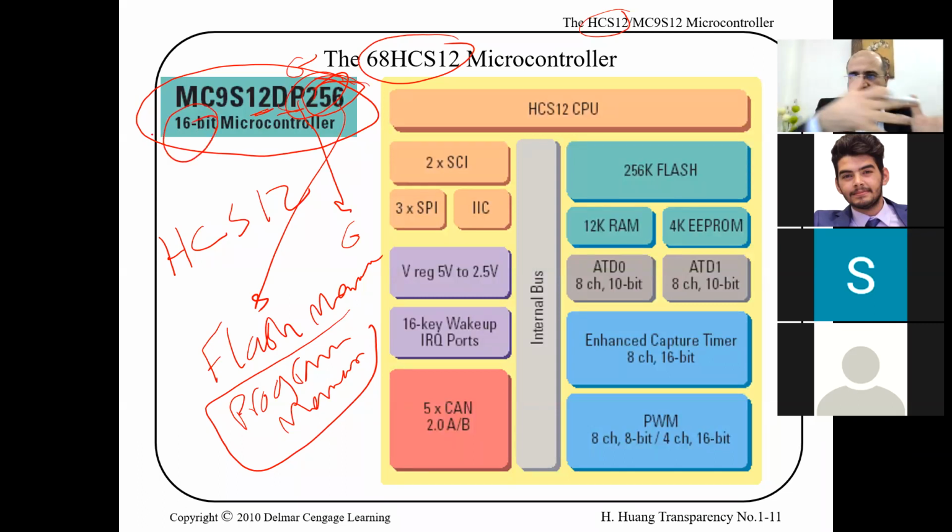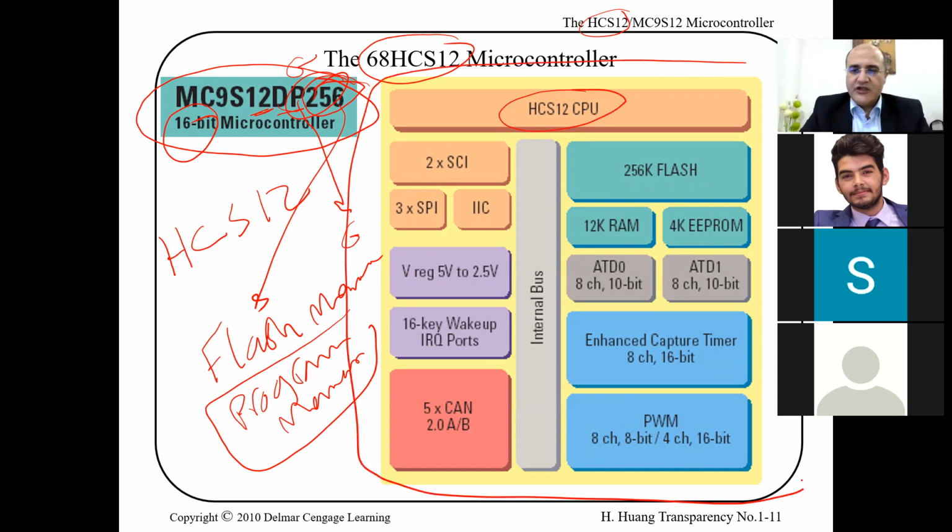You can move 16 bits at once, not 8 and then another 8, but 16 at once. It uses an HCS12 CPU, a processor. This is inside a single chip, and it has an internal bus to move things around between the peripherals.